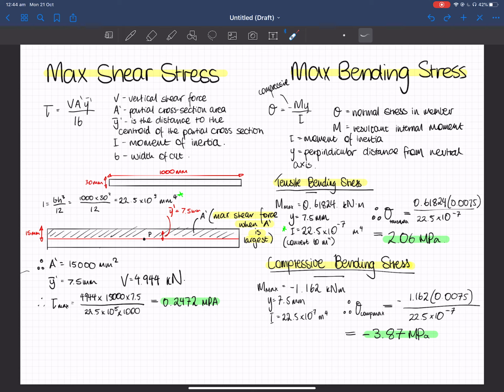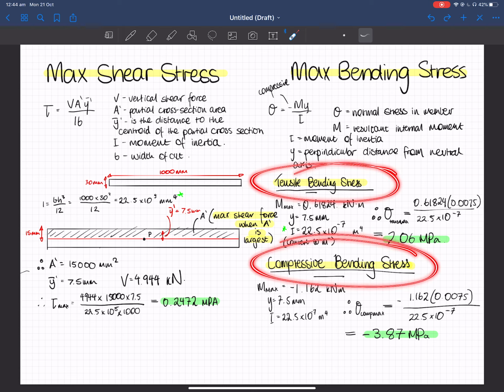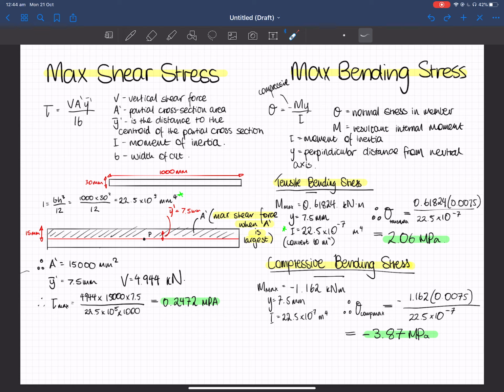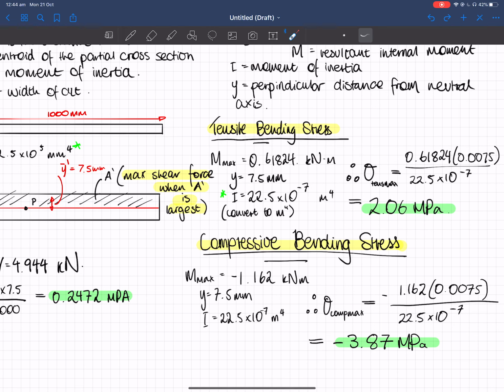Maximum bending stress, I had to do two calculations as I had both a maximum and a minimum. Formula is here. Sigma equals negative My over I, with the negative representing the compressive sector. The tensile bending stress was the maximum of the bending moment diagram, so that was located here.